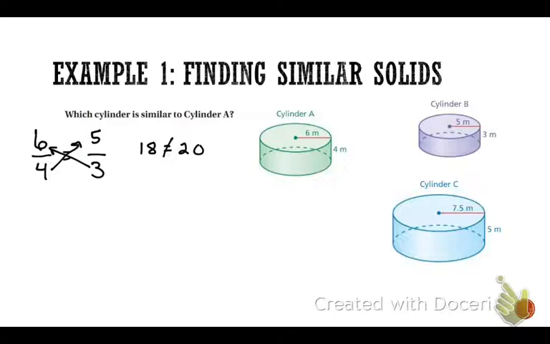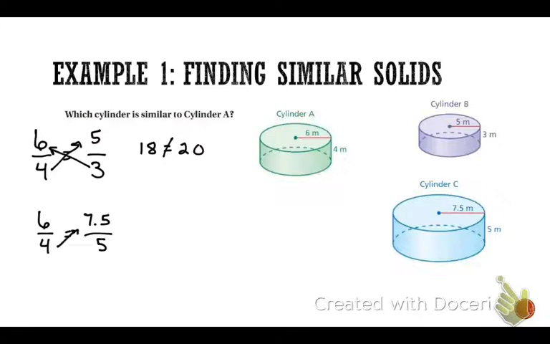So let's compare A, 6 over 4, and C. Remember, we did radius over height, so we must do radius over height. And just like with the other sections of chapter 10, I will allow calculators on this test.